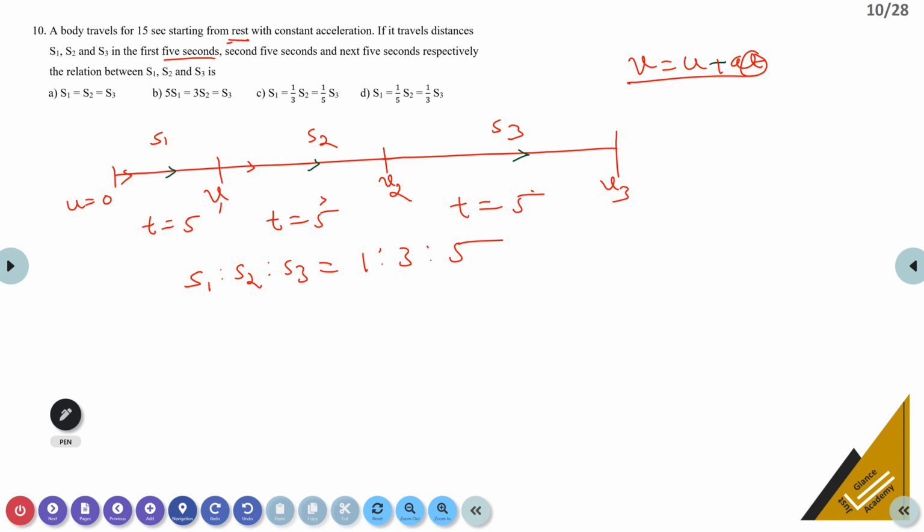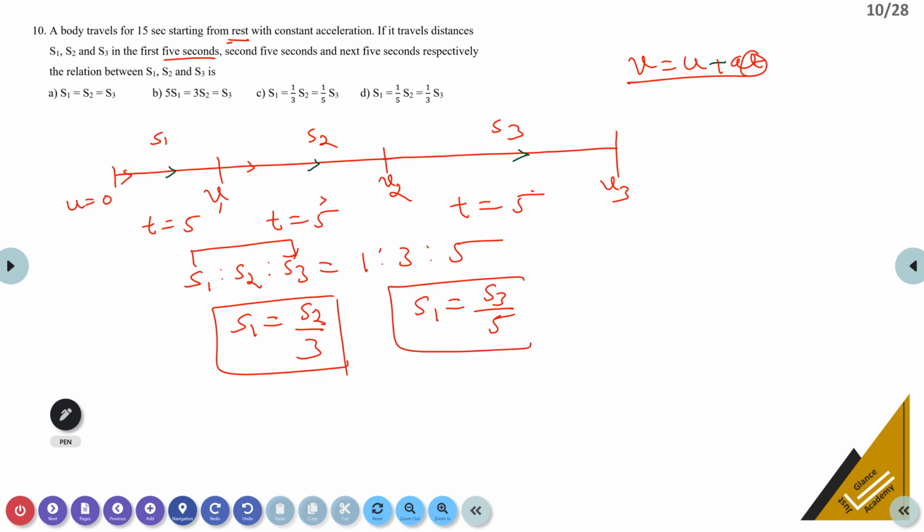That means S1 equals S2 by 3, and comparing this and this, S1 equals S3 by 5. But here the choices are given in a confusing form, so this is the right choice. This is one method.